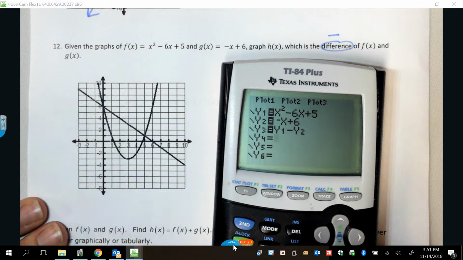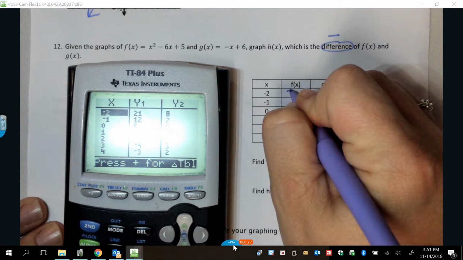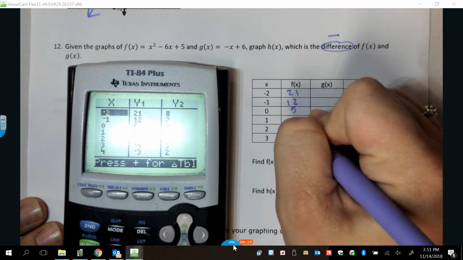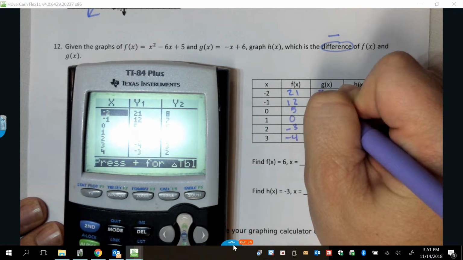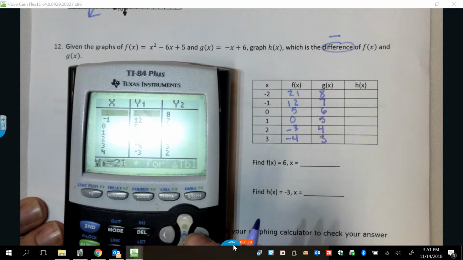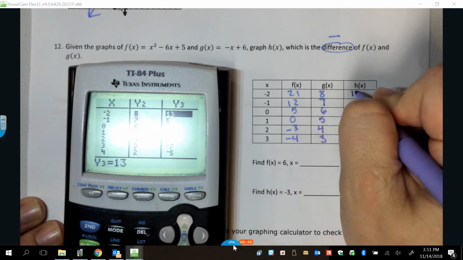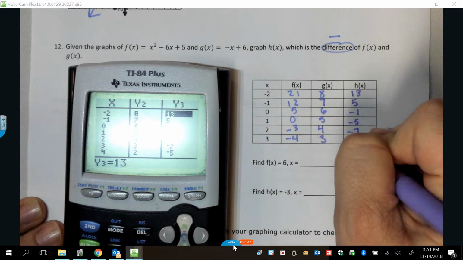Okay, and I'm going to go back to my table and just fill it in. 21, 12, 5, 0, negative 3, negative 4, 8, 7, 6, 5, 4, 3, 13, 5, negative 1, negative 5, negative 7, negative 7.